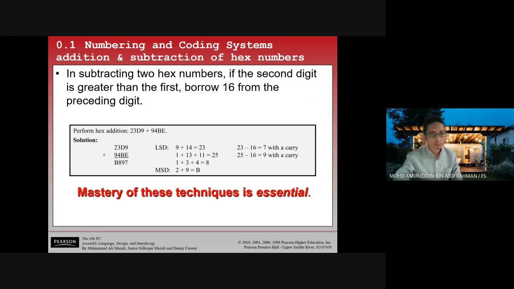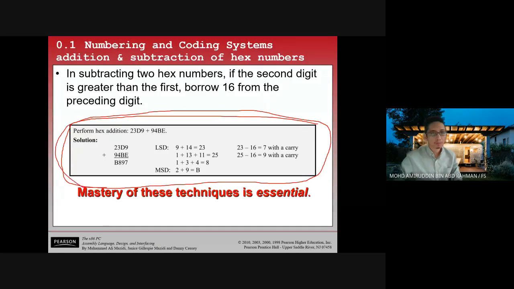Over here, I think this example is not correct. This is for the addition. No problem, I will show you later on how to perform the subtraction of two hex digits.